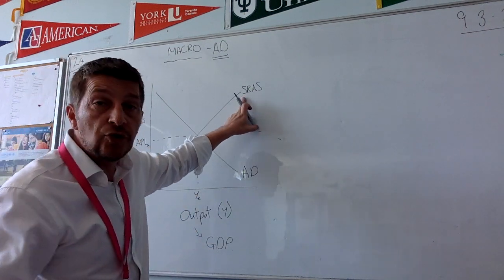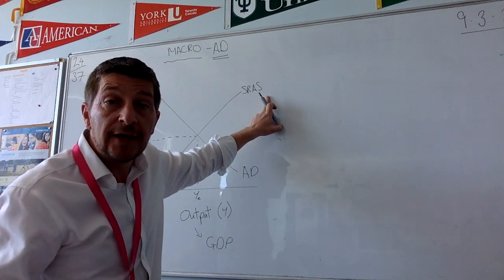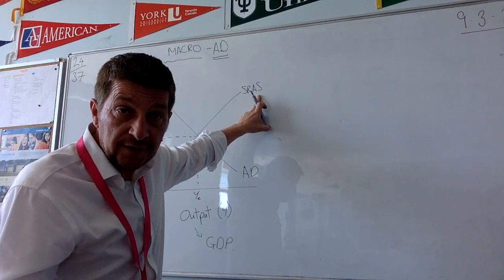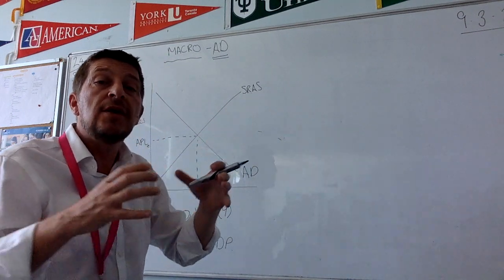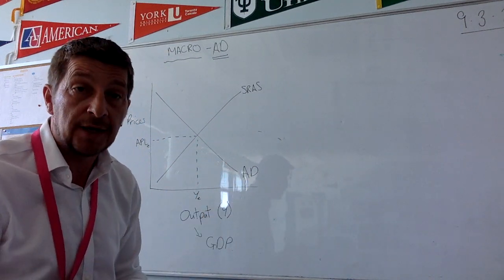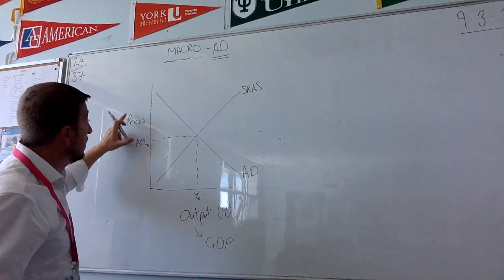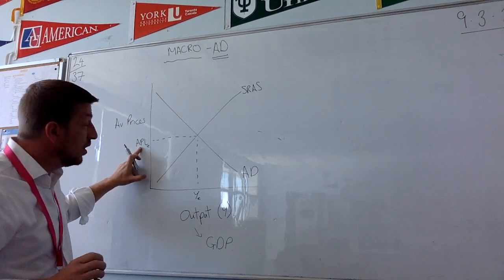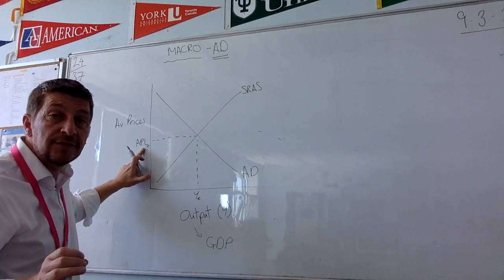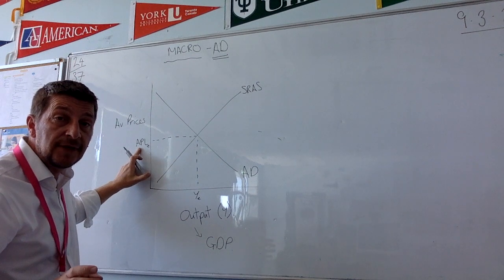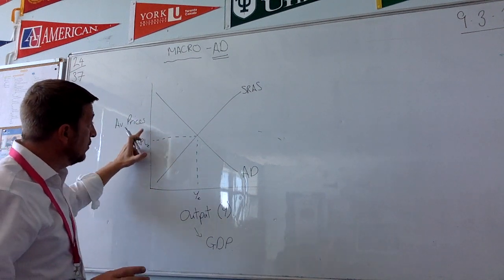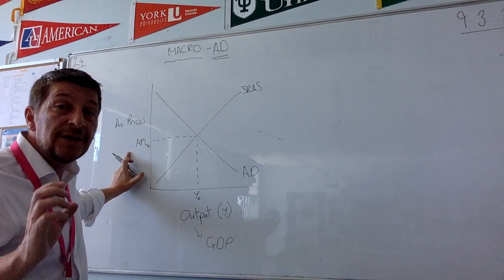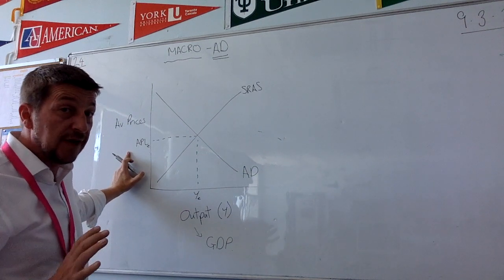We've got here short-run aggregate demand, aggregate supply. Okay, so that's all of the firms in all of the industries. It's not just within one industry or one market. And across this axis, instead of looking at price, we're looking at average price levels or average prices. This is very useful because we can use this to understand inflation or deflation.